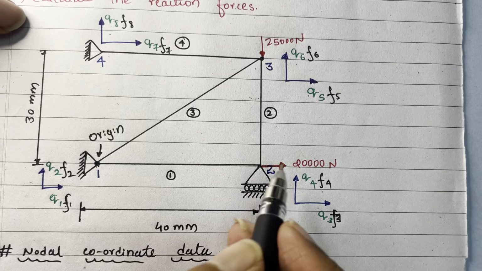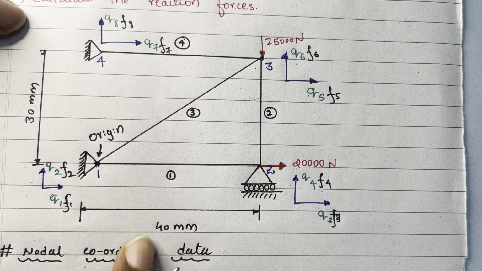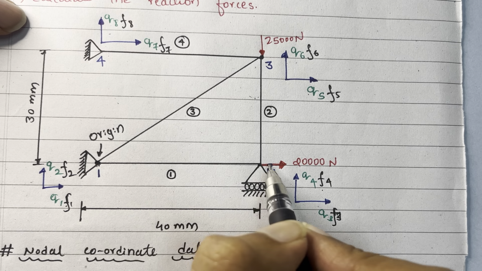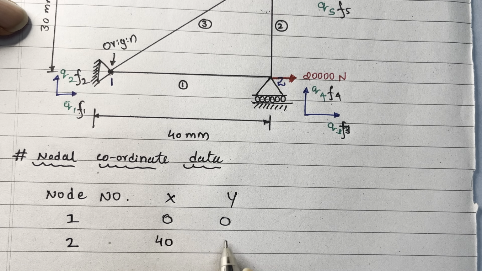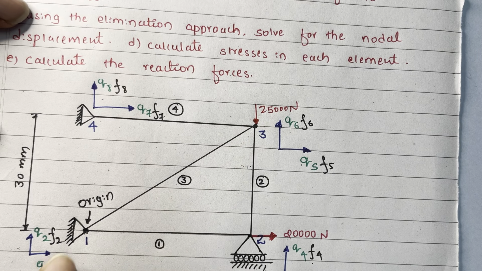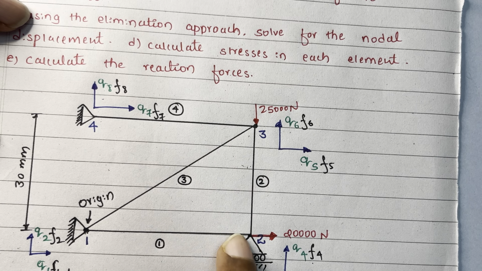Now consider this node 2, this is the x distance, that is 40 mm, but y distance is 0 because this is in the same axis of the node 1. So for node number 2, the x is 40 and y is 0. Similarly for node 3, from this origin you can see this is the y distance and this is the x distance.